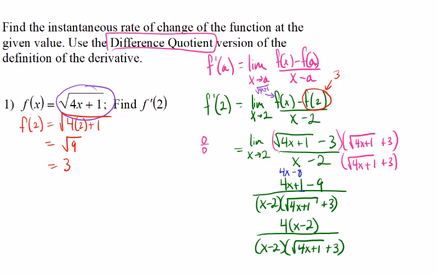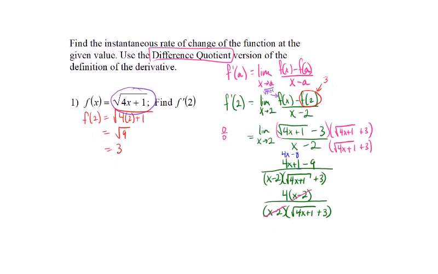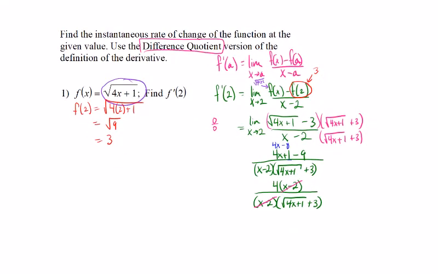All right, and so now that's exactly what we'll do. These x minus 2's go away, and we'll end up with just 4 on top, and then the square root of 4x plus 1 plus 3 on the bottom.